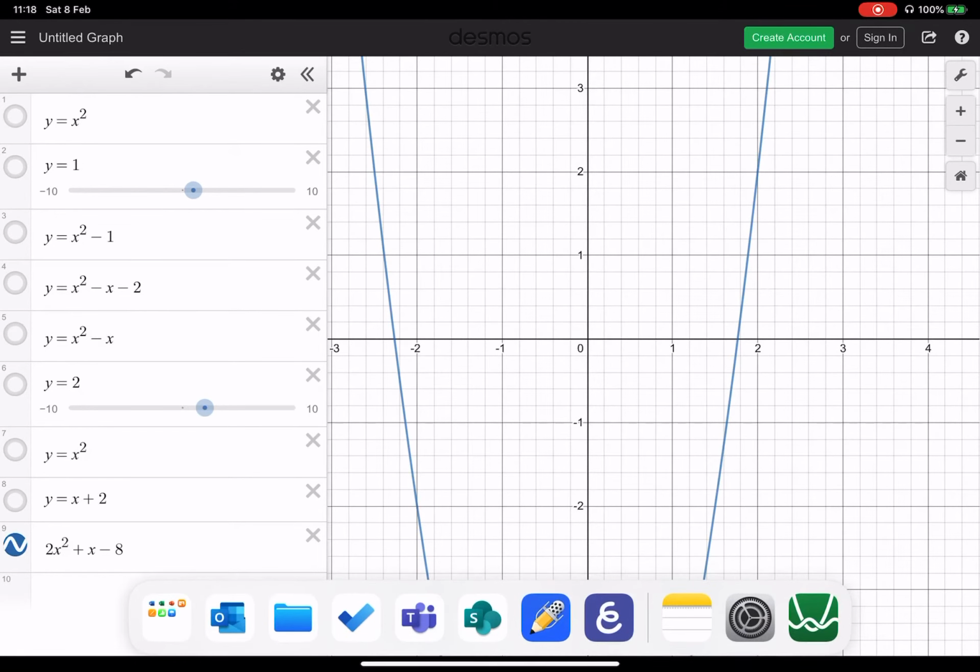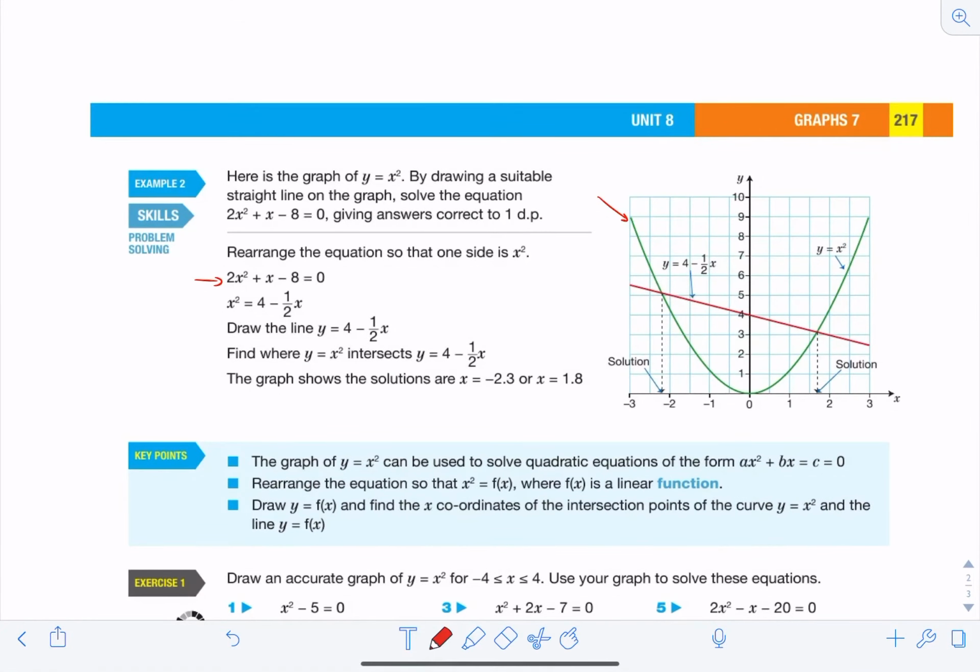So again, we go back to our notes here, and we rearrange this to something else. Now, what they've done here is they've divided by 2 for everything. So we've got x squared plus x over 2 minus 4 equals 0. We've divided by 2, because what we need to get is that x squared on its own.